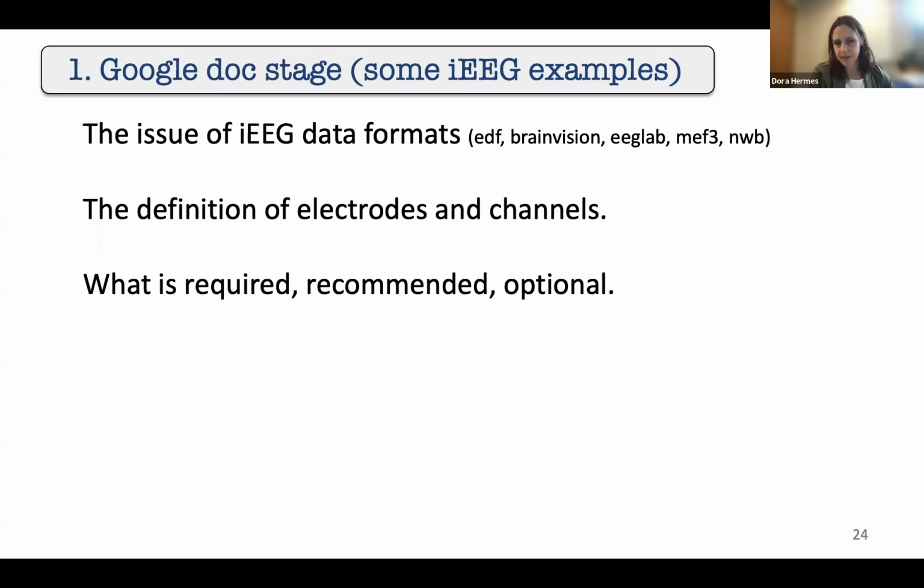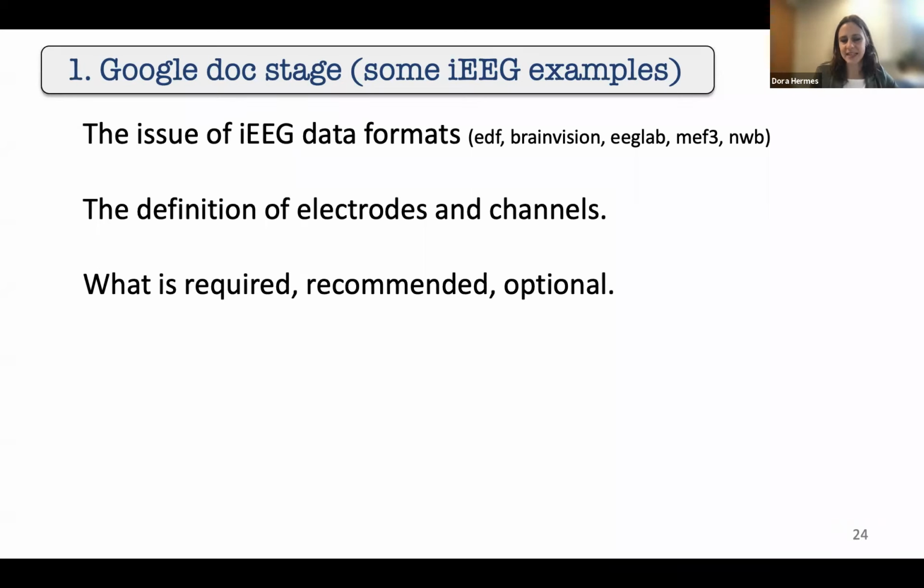The other thing that happens when you make this extension is you decide what's required, what's recommended, and what's optional. That was pretty tricky, because what is required is something essential to interpret the data. Recommended is very useful, and optional is something that may be useful to add.